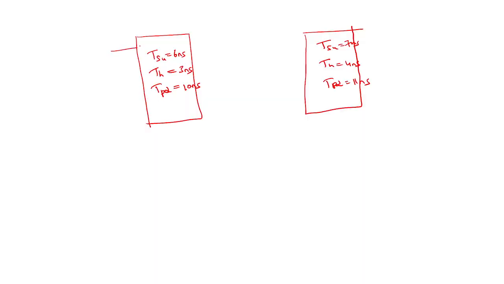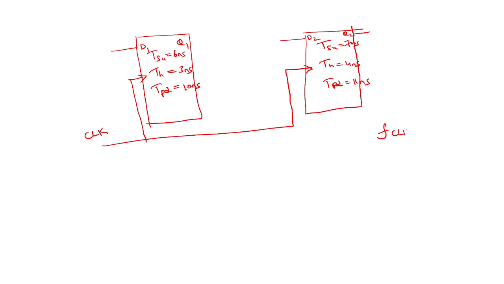And these are all just basic D flip-flops. D1, Q1. This is D2, Q2. And these are connected by a clock, and it's the same clock. So what is the maximum clock frequency that you can apply? And they're connected like this.